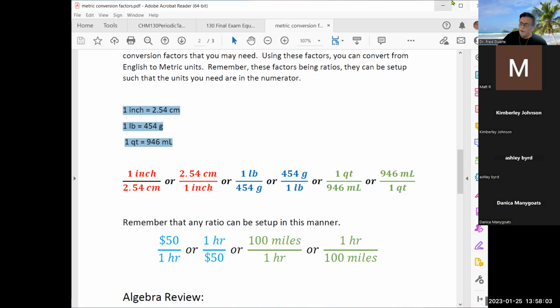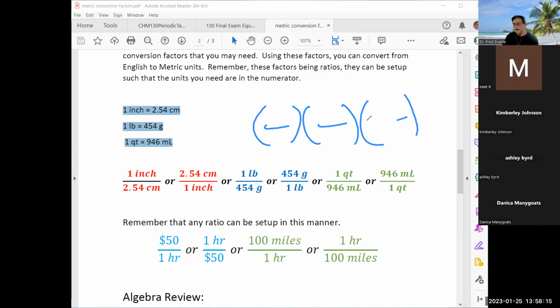Now, eventually we're going to get to the point where we apply this technique to chemical reactions using the coefficients that I showed earlier in the chemical reaction. You're going to set up, at the minimum, 3 factors to get us from point A to point B, okay? And I will show you, before the next chapter, a really crazy conversion question.